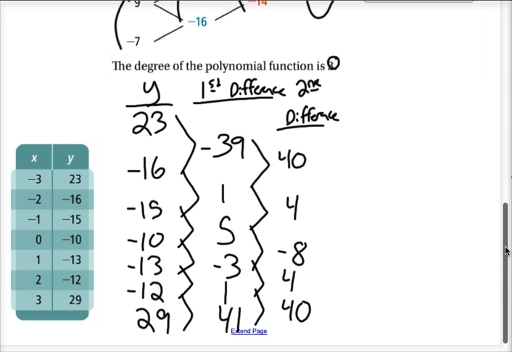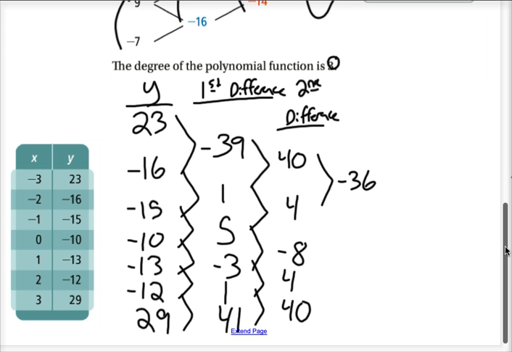All right, now notice, we're still not looking at the same numbers, so we're going to have to do this process again. So between 40 down to 4 is a difference.